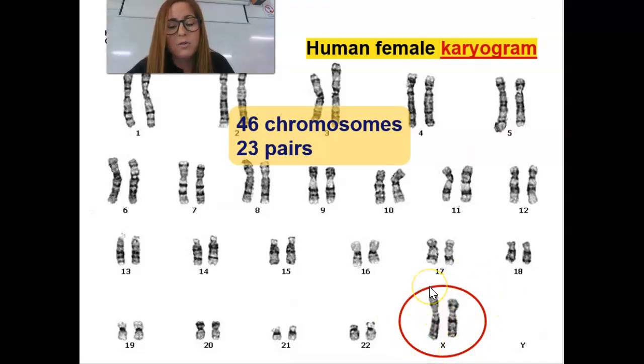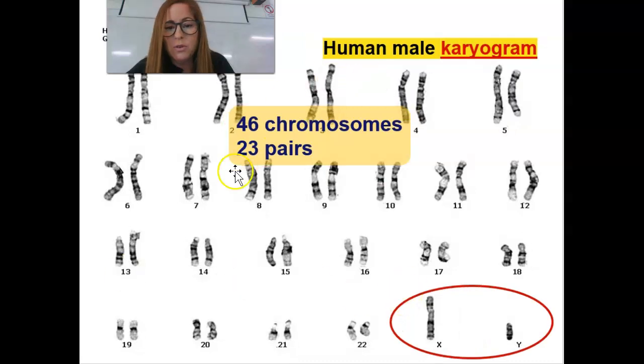If you are assigned female at birth, you would have two X chromosomes, and one would be from your mom and one from your dad. If you were assigned male at birth, then you would have an X chromosome from your mom and a Y chromosome from your dad.